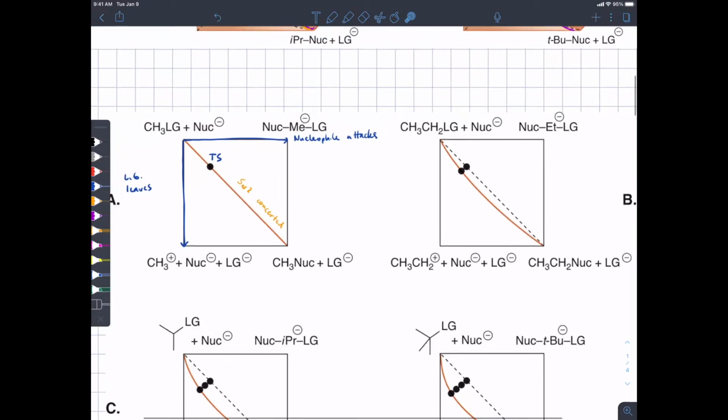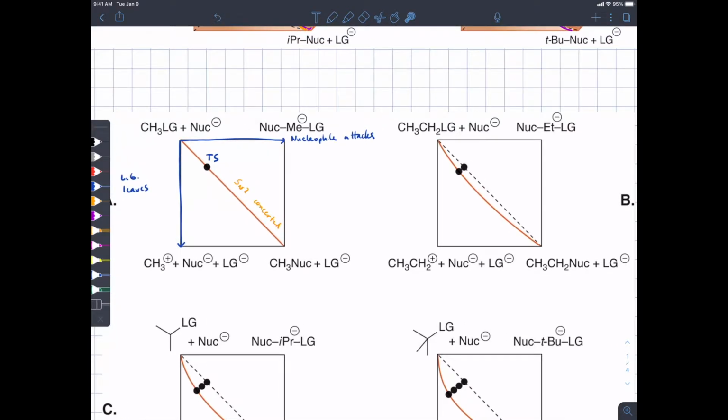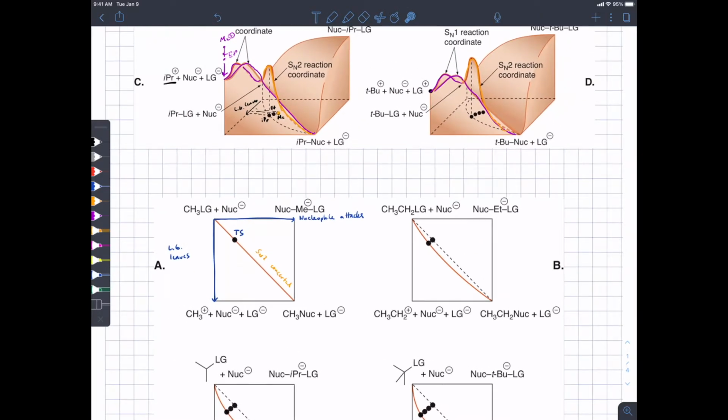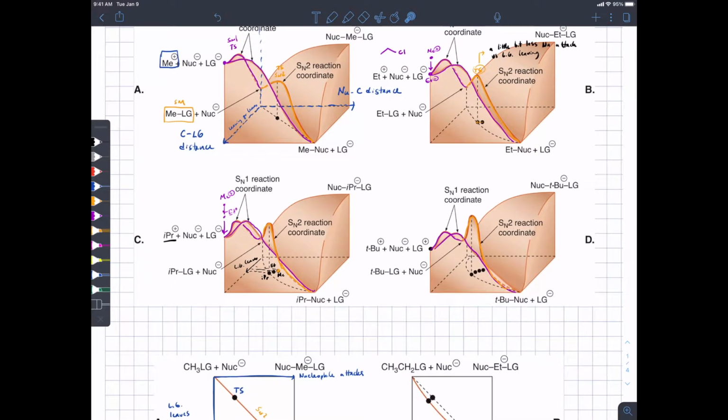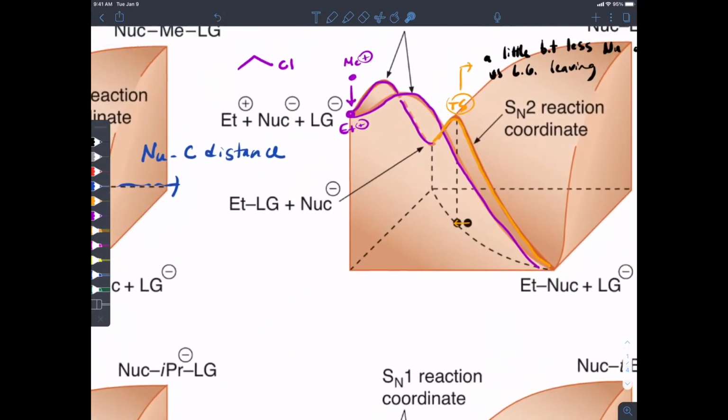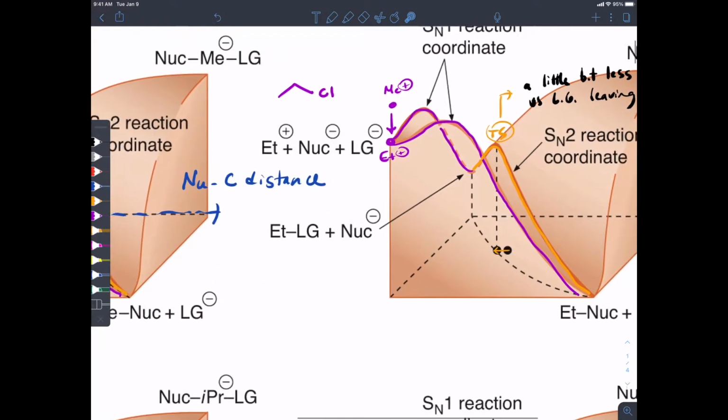And then we started to change the structure of the alkyl halide, or the electrophile, and we watched how the concerted SN2 pathway and its transition state change. And one of the things that we observed, and this is based on calculations and observations, is that if we increase substitution on the carbon that has the leaving group, we're going to lower the energy, increase the stability of the carbocationic intermediate.